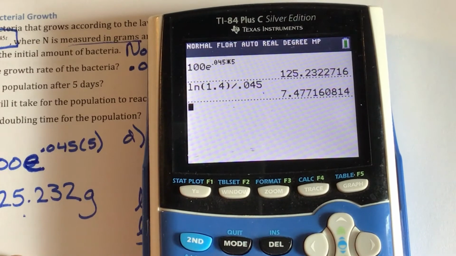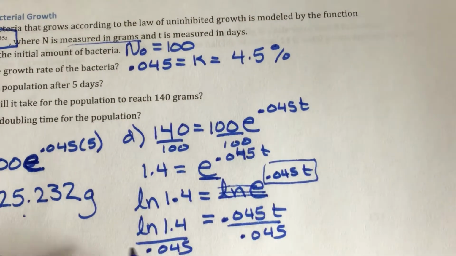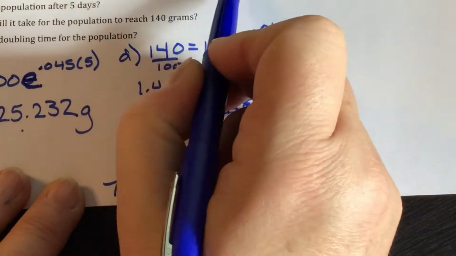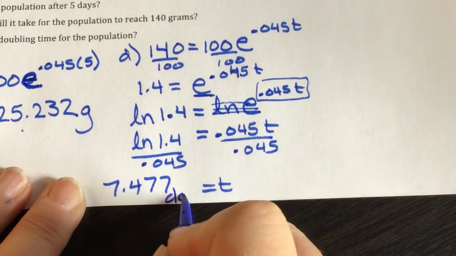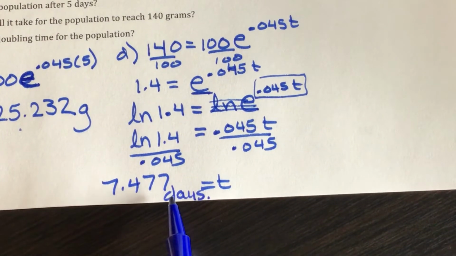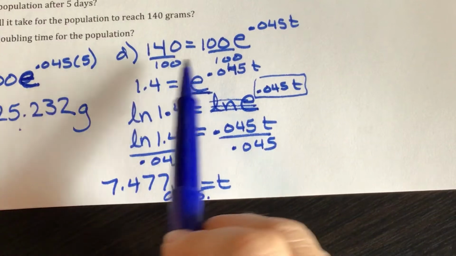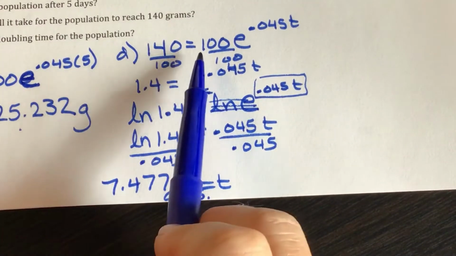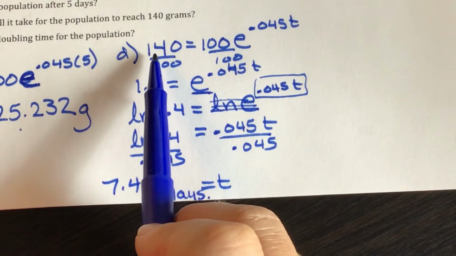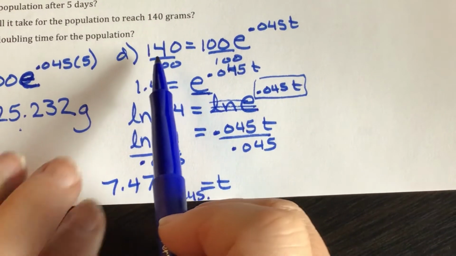And I get 7.477. And time in this case is measured in days, so days is my unit. So it takes almost 7.5 days for this 100 grams of bacteria to go to 140 grams.